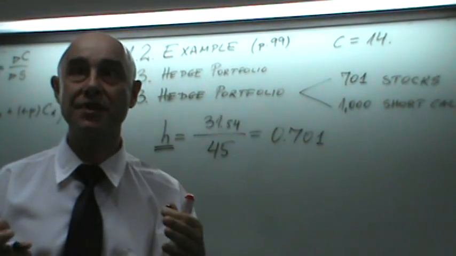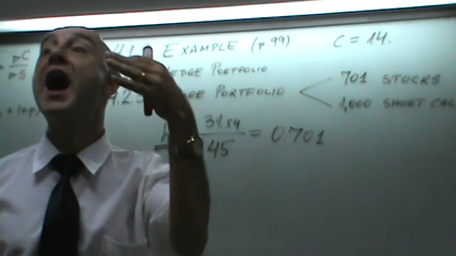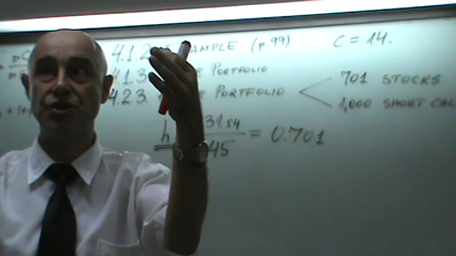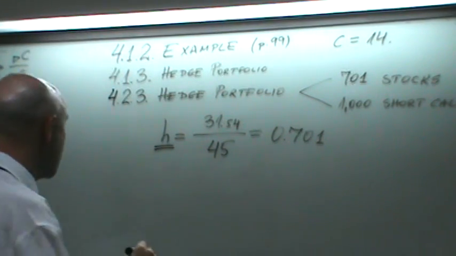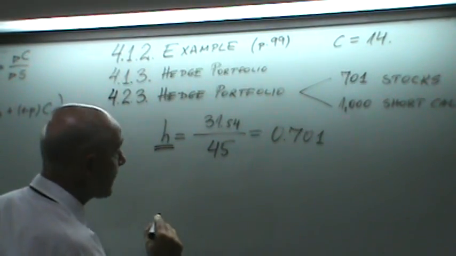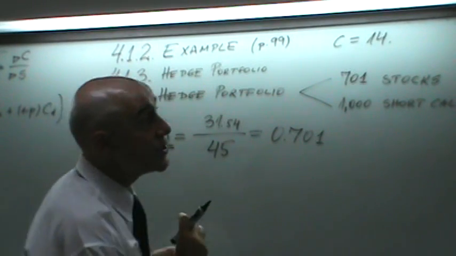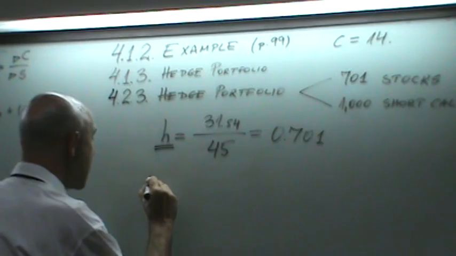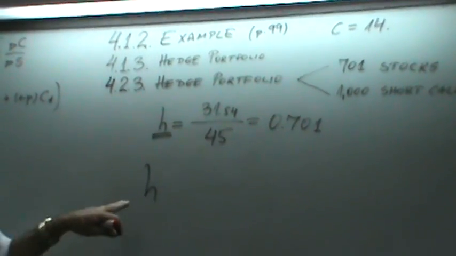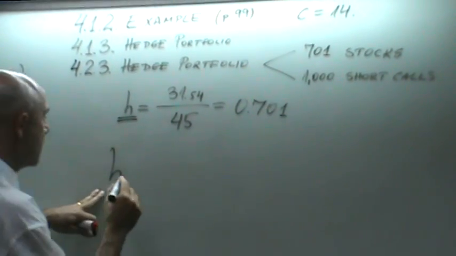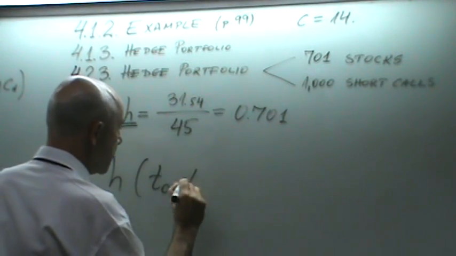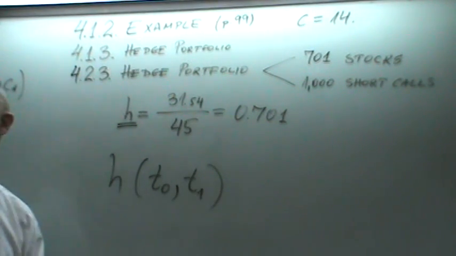In a two-period model, if you go up, you will have a new hedge ratio. So, let's do this over here. You got H, and this is the hedge ratio from T0 to T1, okay?